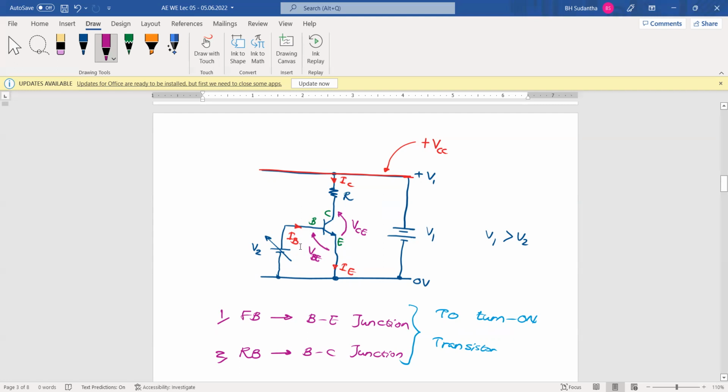I'm not going to discuss the internal functionality for this operation. But anyway, when you increase IB, IC will be increased proportionally.